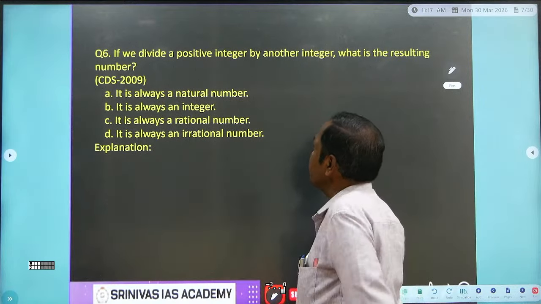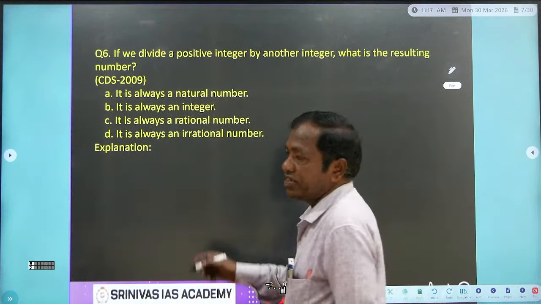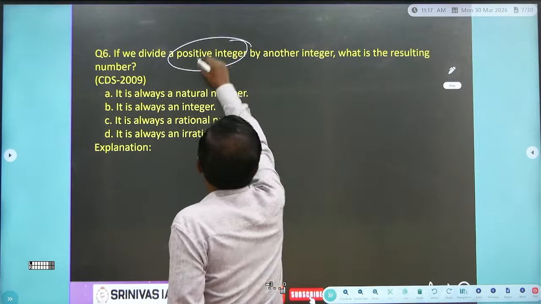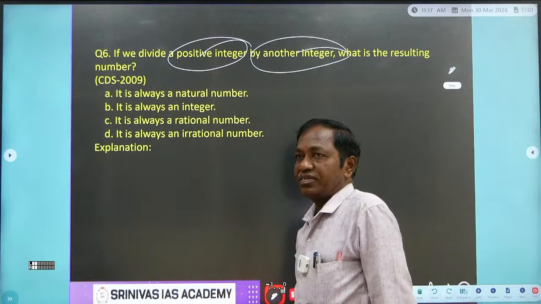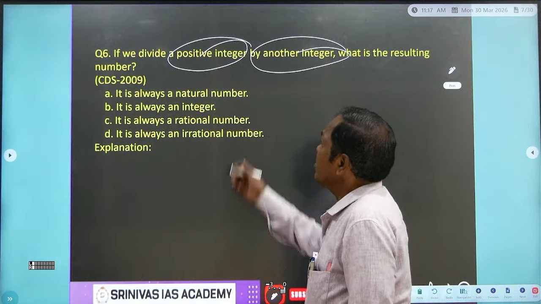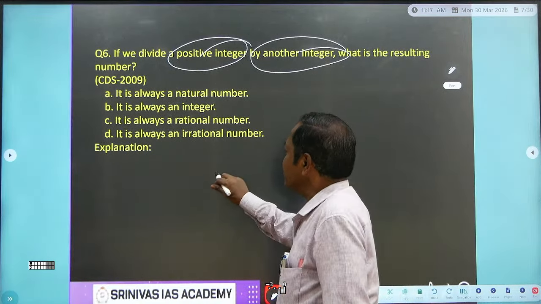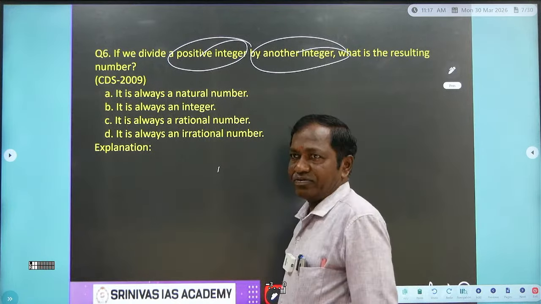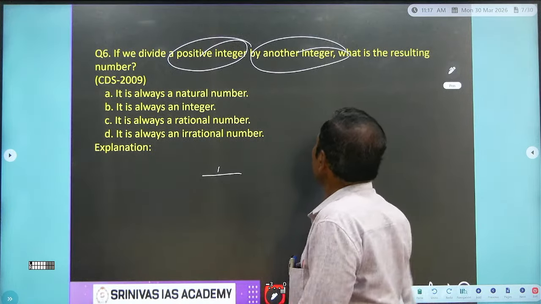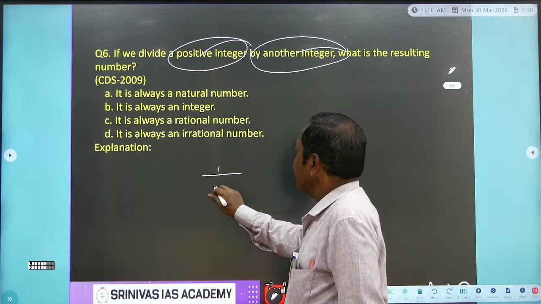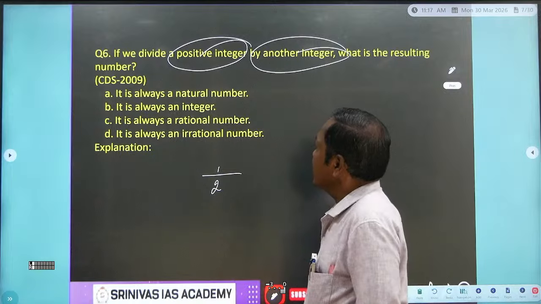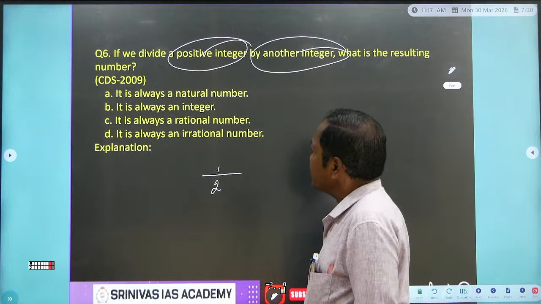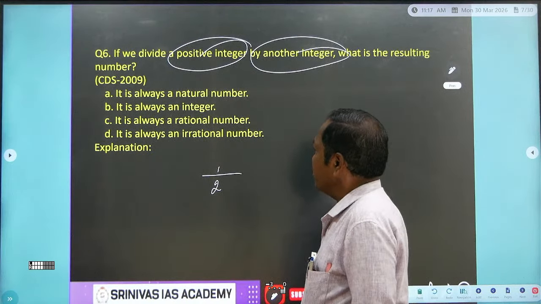If we divide a positive integer, let us take even 1 also, by another integer. You take -1, 0, or you can take 2 also, like that. It is always a rational number, that is. Okay.